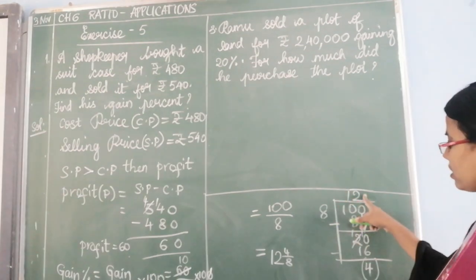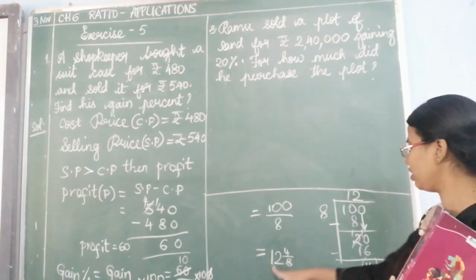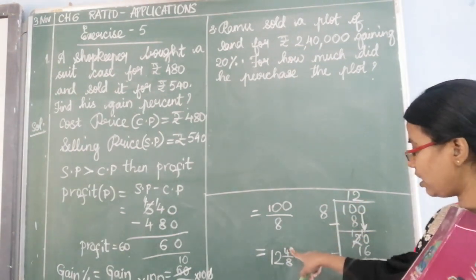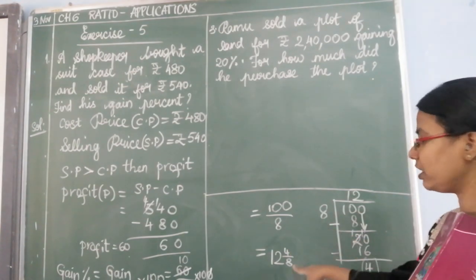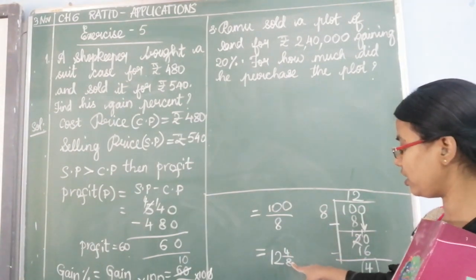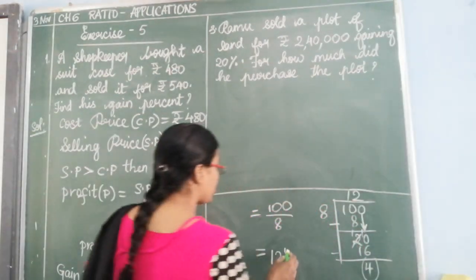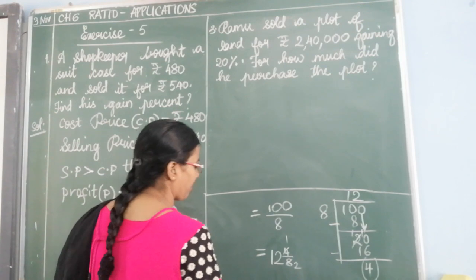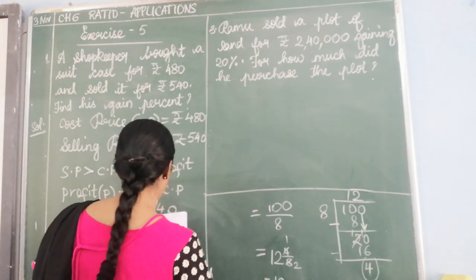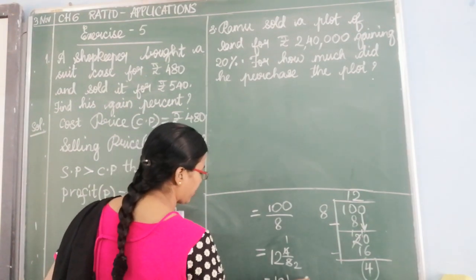Now let us write this as a mixed fraction: the quotient, then the remainder divided by the divisor. You can see that these two are divisible in the same table. We can cancel with the 4 table: 4 ones are 4 and 4 twos are 8. So this is nothing but 12.5%.